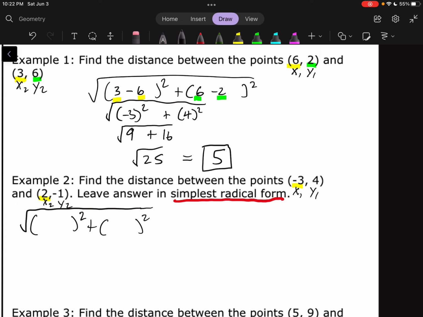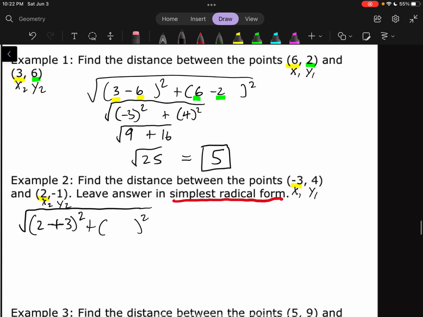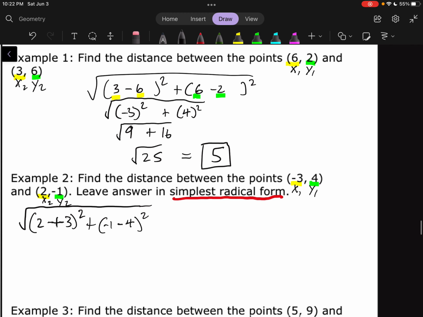Ooh, this is where we got to start being careful, because this should be 2 minus negative 3, right? It's x2 minus x1, but minus a negative flips it positive, right? So that's 2 plus 3 in the first parenthesis. And then for our second one, we're going to do y2 minus y1. That's going to be negative 1 minus 4.